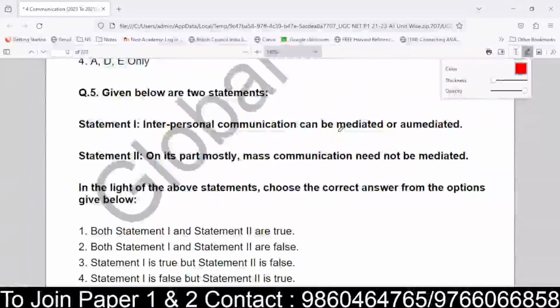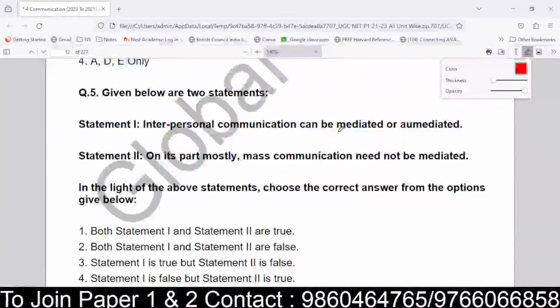In case you are not aware of the term mediated, it is basically trying to end an argument or disagreement between two or more groups or people. So you are trying to end it.